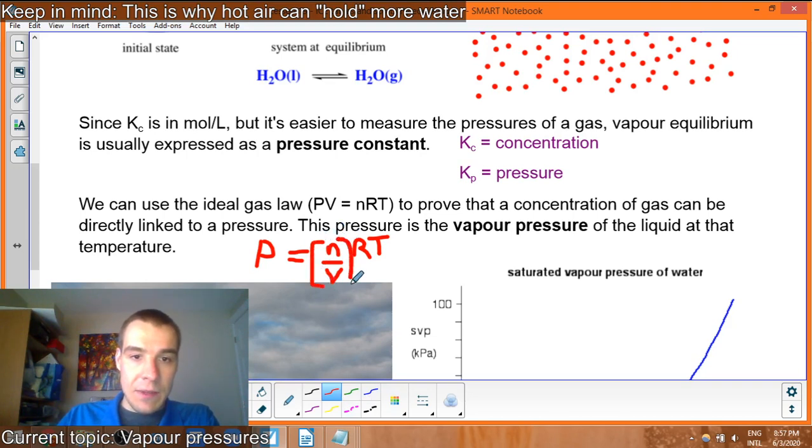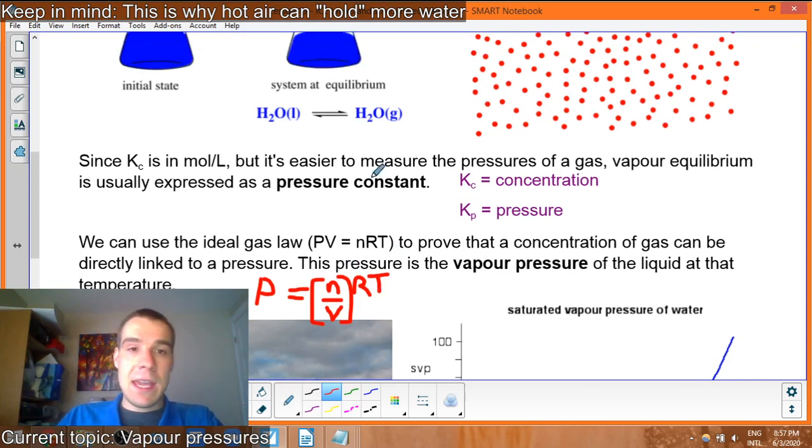That's concentration. So the concentration is part of this, and then R is a constant, 8.315. It's the gas constant, the ideal gas constant. And T is the temperature in Kelvin. And so the pressure will go up with the temperature in Kelvin.